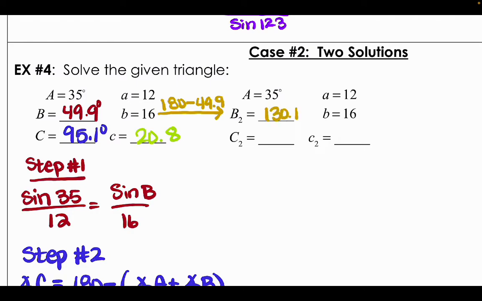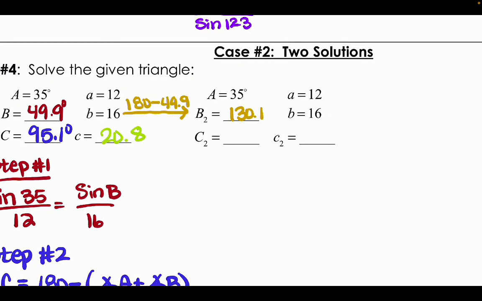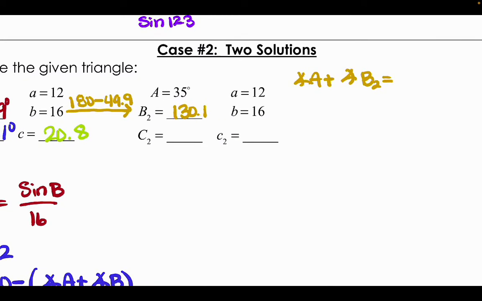Okay, and if you add up angle A plus angle B2, what do we get? 165.1, which is great because that's not past 180, which means that there is a third angle.